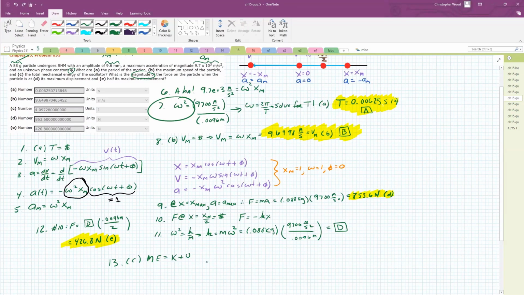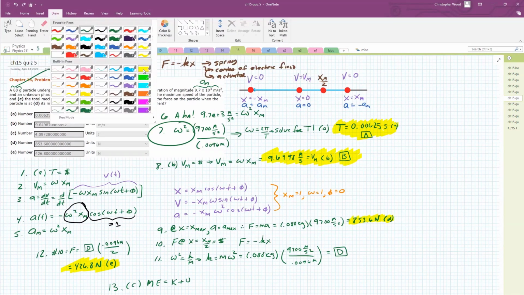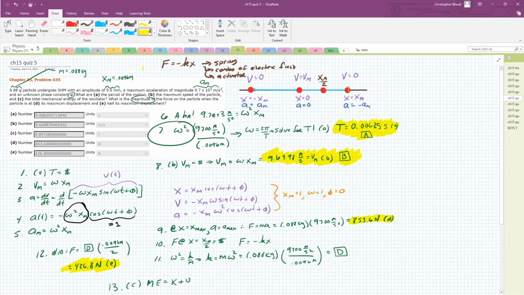So what can I say here about the total mechanical energy? I'm going to go back to the bead. Here's two ways of looking at it. When the red bead is at this extreme point right here, I don't have any kinetic energy. It's slowed to a stop. So kinetic energy equals 0, but my potential energy is the maximum value.